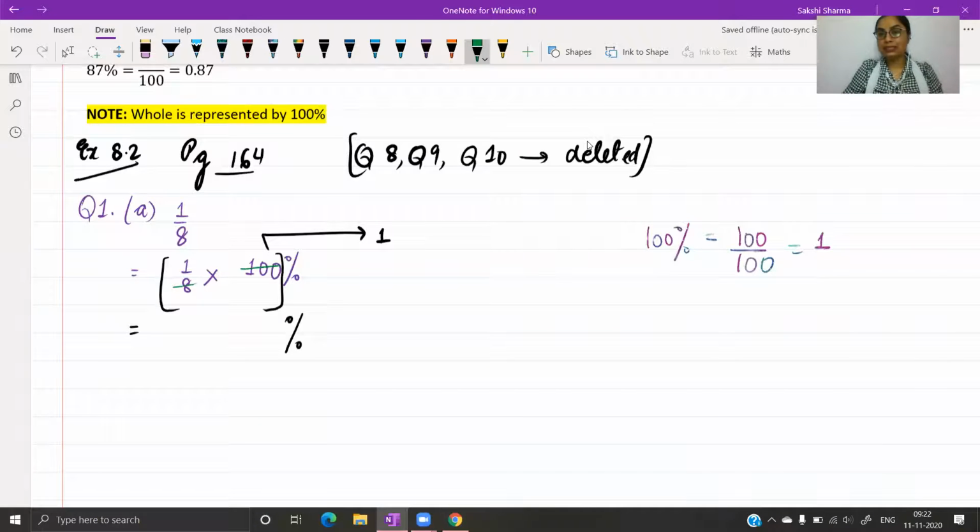I'm cancelling these two with 4. So my answer is 25/2%. You can also write it in decimals if you want, or as a mixed number. Completely up to you, or you can just leave your answer here.